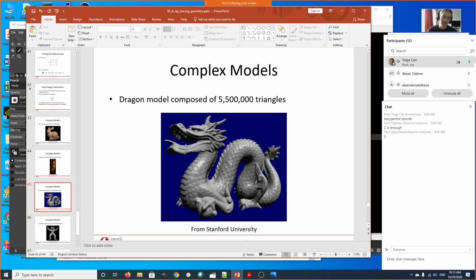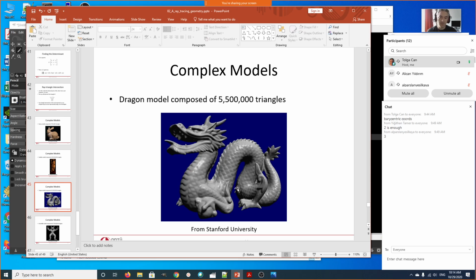When it's piercing through this dragon, for example, it's going to enter the dragon at one triangle and exit at another triangle at the back. We are going to use the intersection with the front triangle, which will have a smaller t value, but just 2 triangles. Out of 5.5 million triangles, our ray intersects with 2 of them. So testing with all 5.5 million of them is really inefficient.